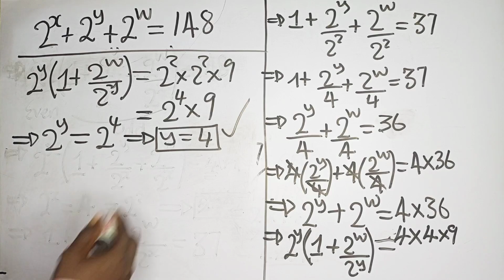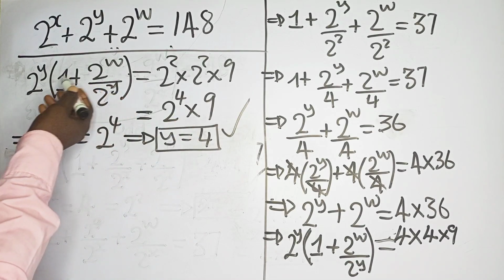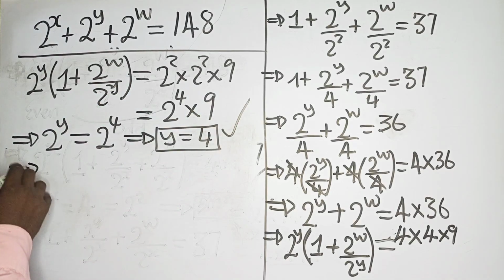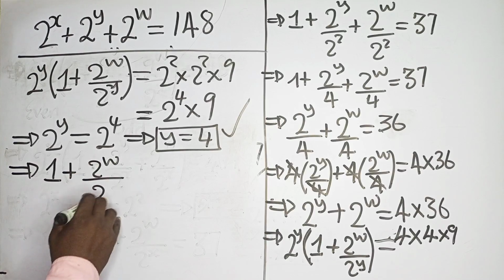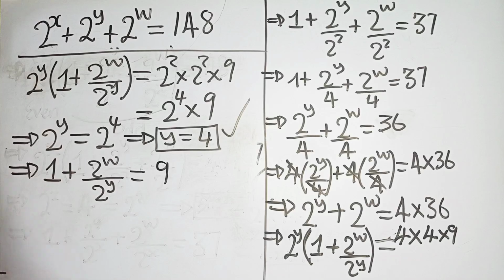Okay. Now that we know the value of y, we will now go ahead and equate the odd part. 1 plus this expression must be equal to the odd. So we say 1 plus 2 to the w all over 2 to the y must be equal to 9. We know the value of y. We'll put it in.